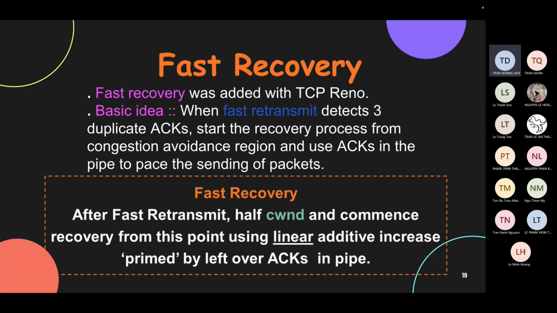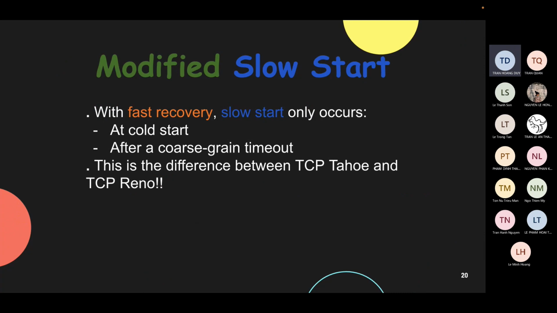After fast retransmit, halve CWND and commence recovery from this point using linear additive increase, per balance over ACKs in the pipe. We remove the slow start. With fast recovery, slow start only occurs at cold start and after a coarse-grain timeout. This is the difference between TCP Tahoe and TCP Reno.